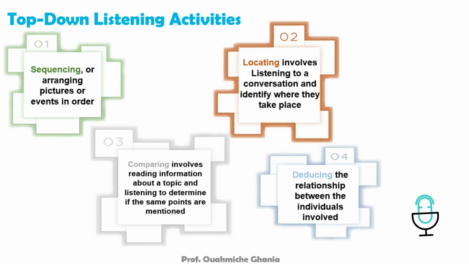Predicting means expressing your expectations of what you will be hearing. It will be sharing what you expect to hear from a report, for example, telling your expectations about a business or a medical report. Ordering images can also help you be better prepared for comprehending what you will be listening to.